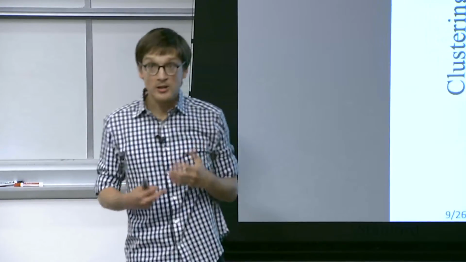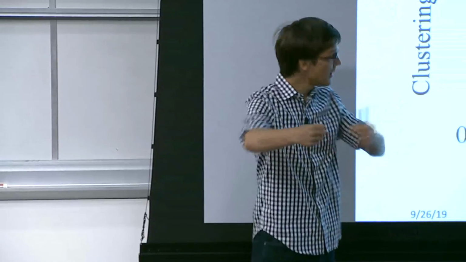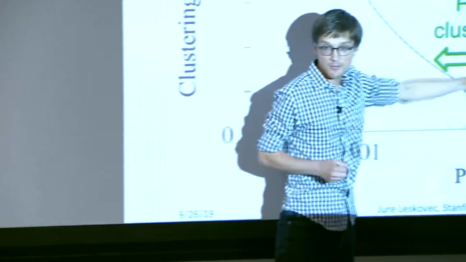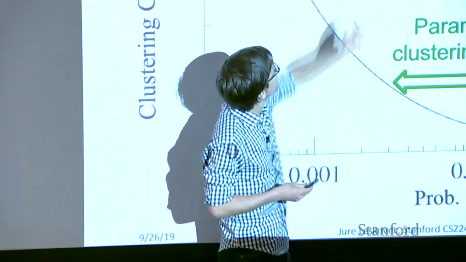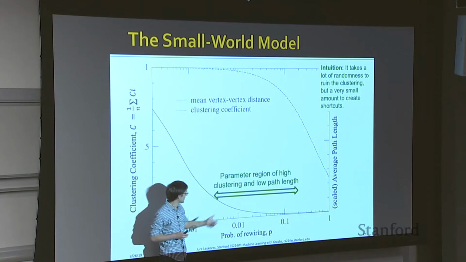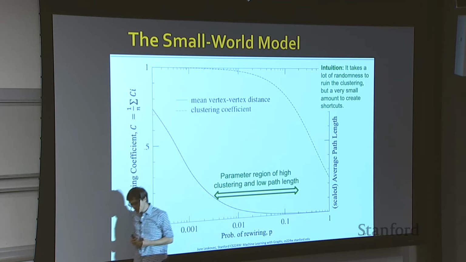So the point is that in this case, essentially, we need just a few of these random shortcuts to collapse the diameter, which seems to be a very fragile property, while the clustering still remains robust and high. So what does this teach us about social networks?